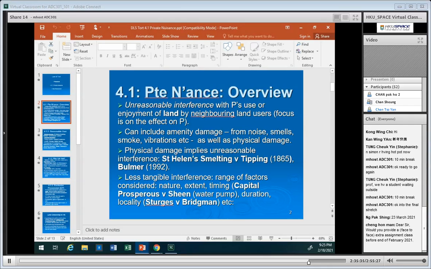So don't worry about the assignment, okay? And we will finish off private nuisance when we meet again on Saturday, and then you'll be in a really good position to finish off the assignment, which is going to be a good month before the deadline, which is 23rd of March. Okay, so there you are. That's with regard to the assignment.